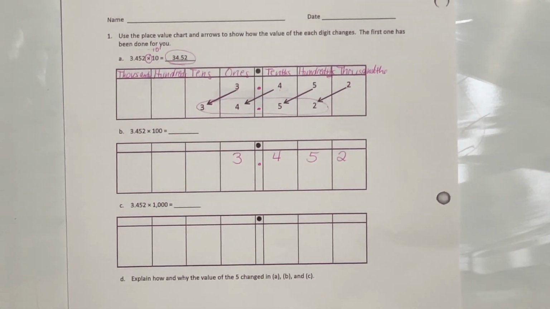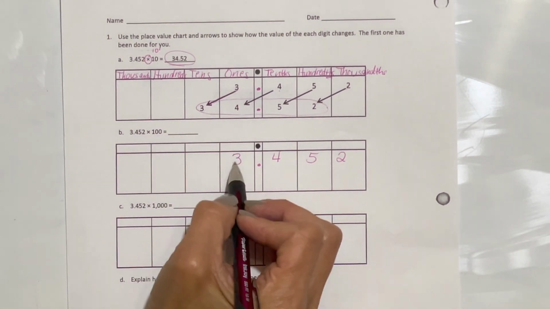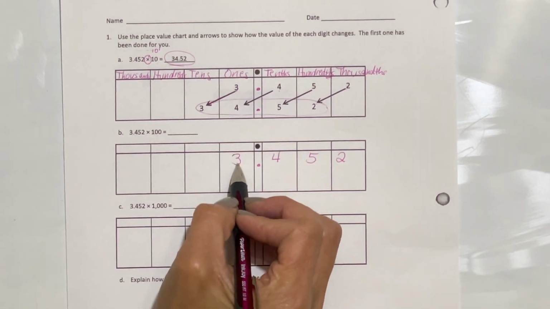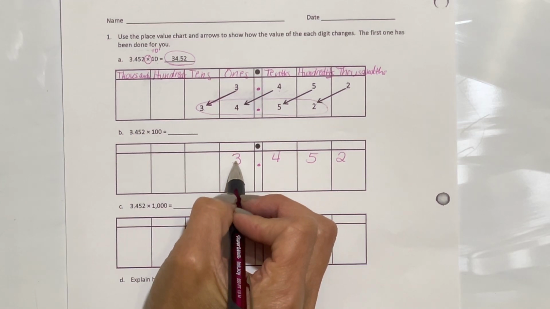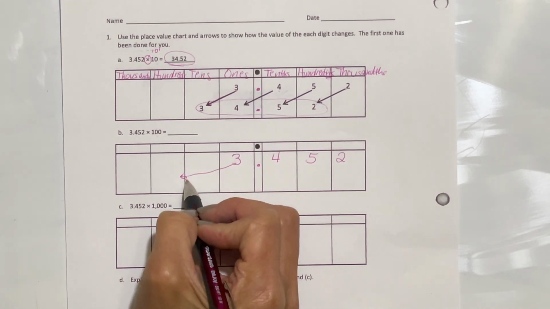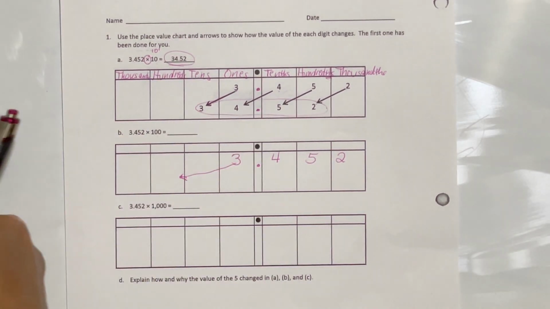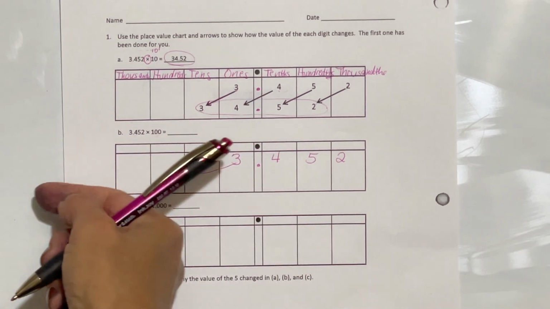Okay, so now I know that I'm going to be shifting this 2 places. This is the ones, and it's going to shift to the tens and then to the hundreds because it's got to shift twice. And the number's getting bigger, so it's got to go this direction. It's got to go to the left.